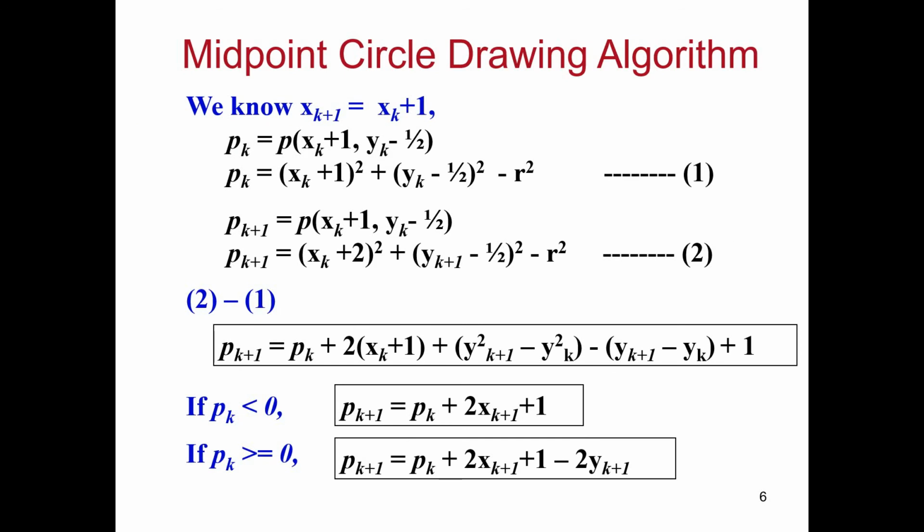Now let us see this formula a little bit. We will not go deep into this formula. On the particular segments that we choose, x will always be incremented by 1. X on the x-axis will always be incremented by 1. So xk plus 1, it is permanent. But whether we will have a movement on the yk side is not clear.